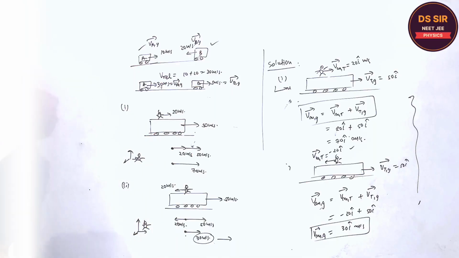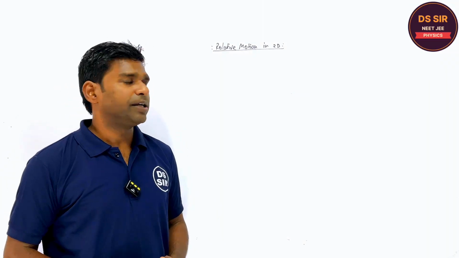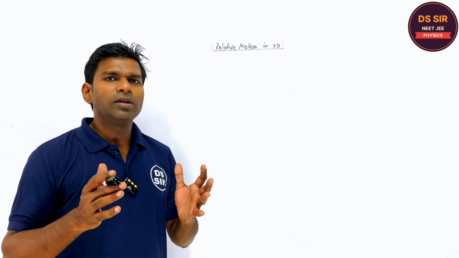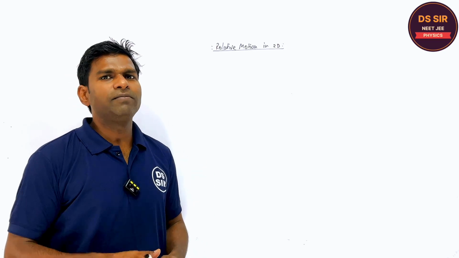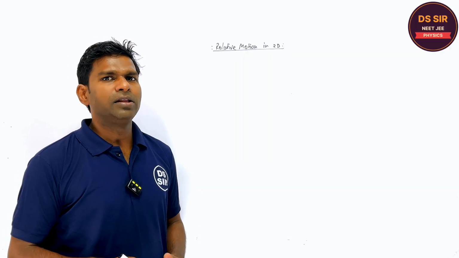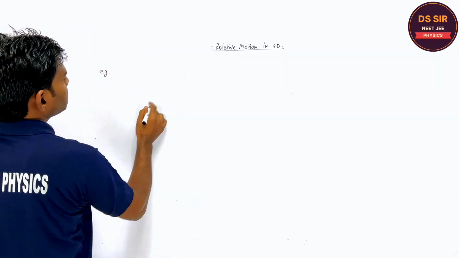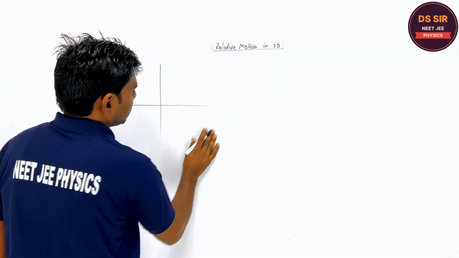Copy this. So now we start the relative motion in 2 dimension, right? We will use the same concept of relative motion that we discussed in 1 dimension, here in relative motion in 2 dimension or in a plane. For example, suppose we have 2 cars.